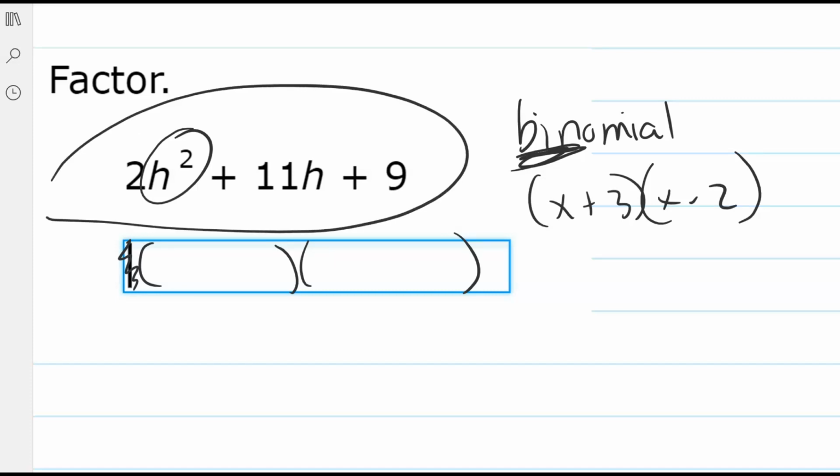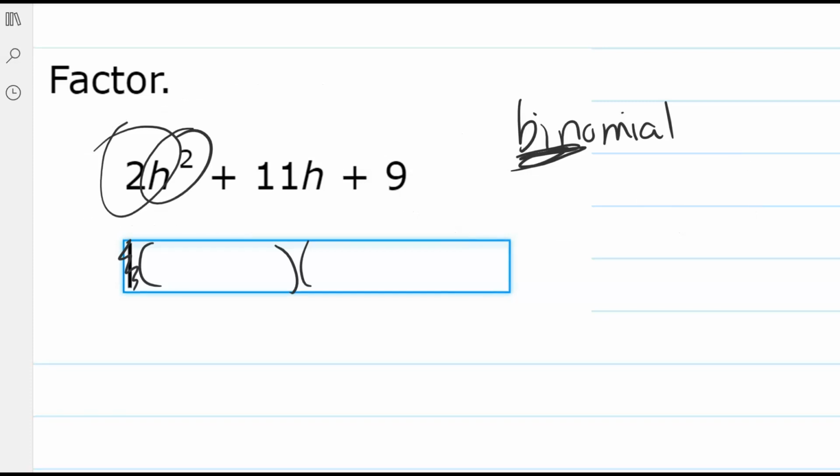So we got to figure out, well, it's definitely not going to be x. Silly. There's an h right there. All right, but we need these 2 terms. The first term in each of the binomials, we need them to multiply to give us 2. Well, that's pretty cool because that makes it easy.